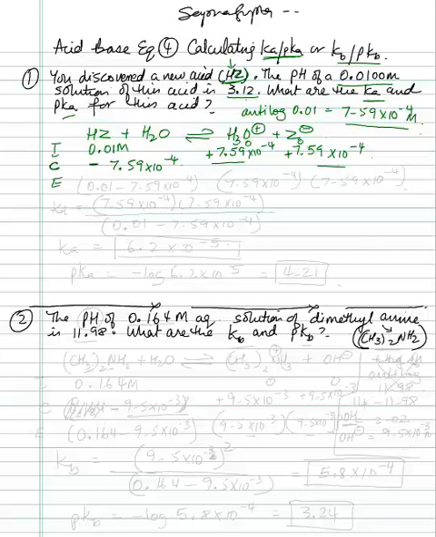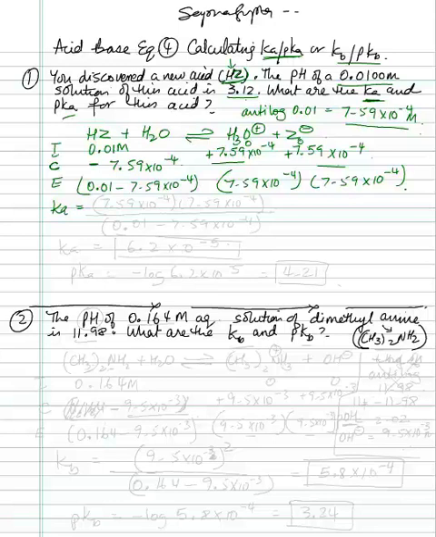At equilibrium, your concentrations would be 0.01 minus 7.59 times 10 to the negative 4 for the acid, and simply 7.59 times 10 to the negative 4 for each of the ions. I'll put those in brackets so that we don't get bogged down in numbers. Then we set up our Ka, because the problem is asking for Ka, which we don't know right now.